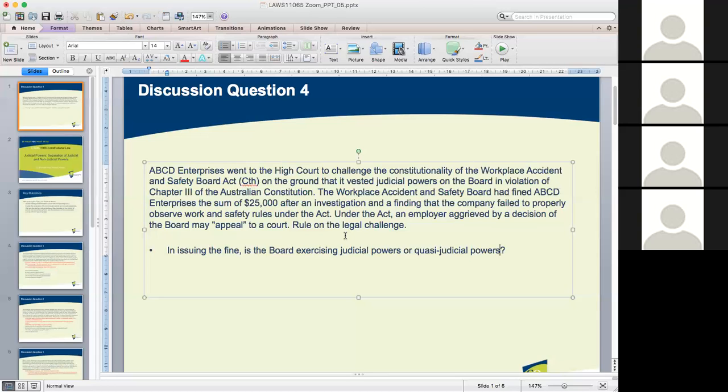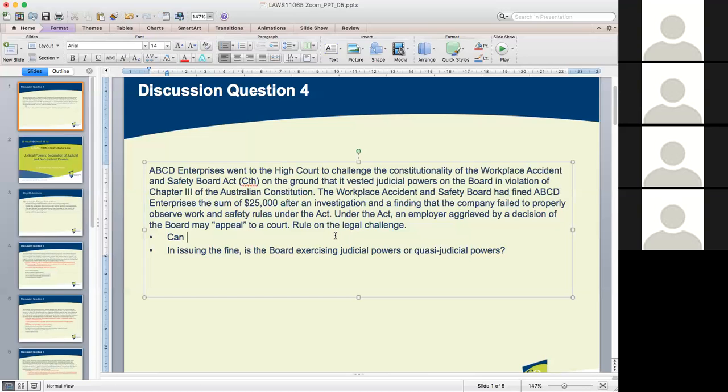Okay. So that would be, well, can Parliament vest judicial powers on the board, I suppose? I'm sort of stuck for words. So, hang on, I'm just going to write that down because I'm intrigued by that answer.